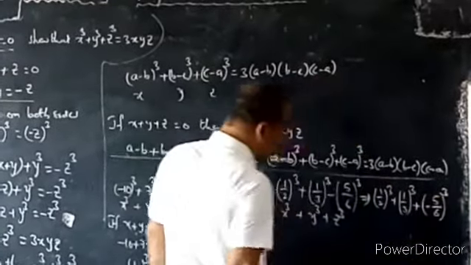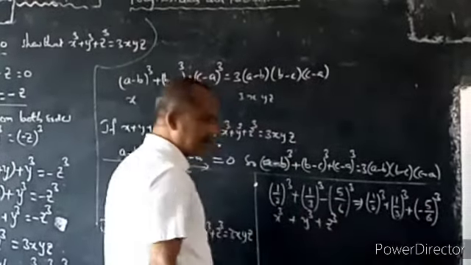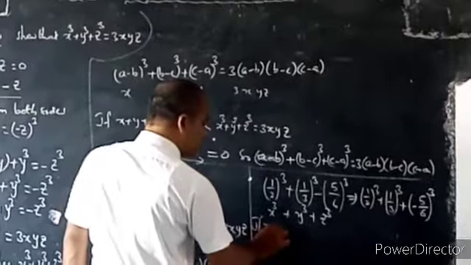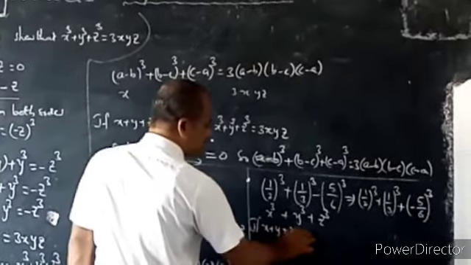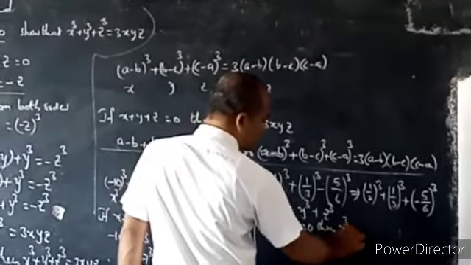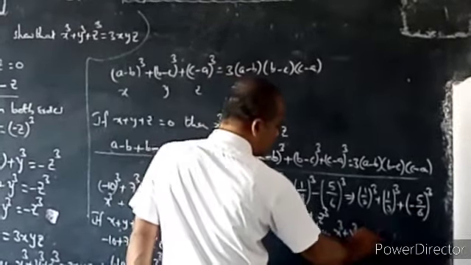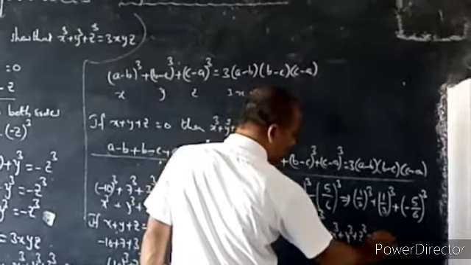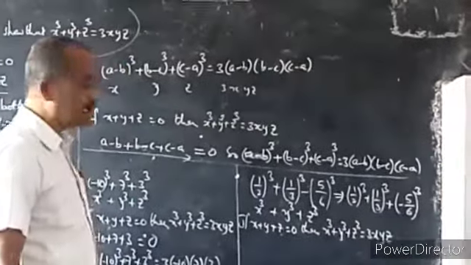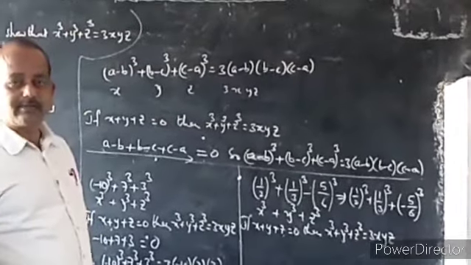Same formula here: if x plus y plus z is equal to 0, then x cube plus y cube plus z cube is equal to 3xyz. Here x means 1 by 2, y means 1 by 3 and z means minus 5 by 6.